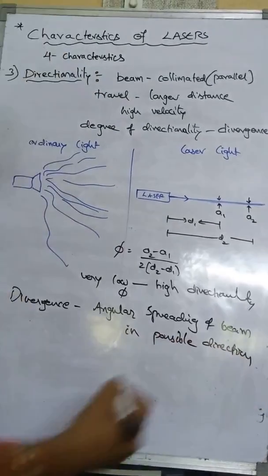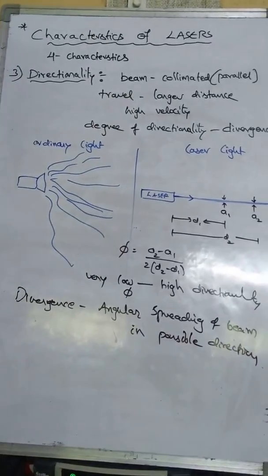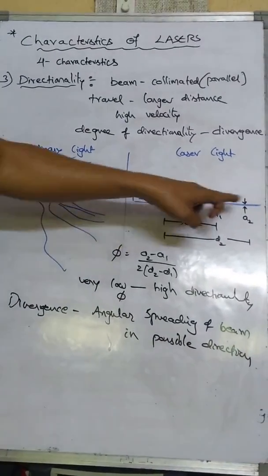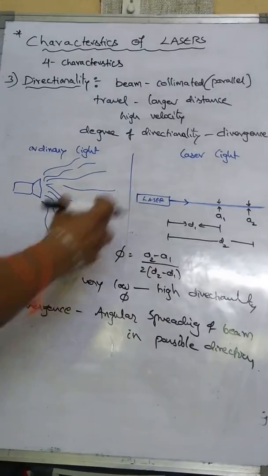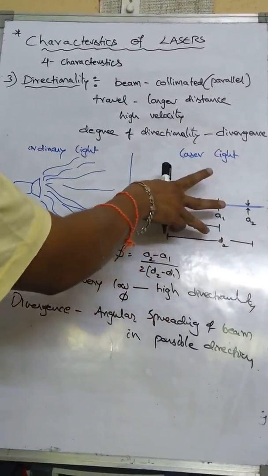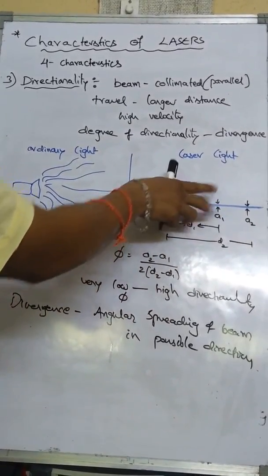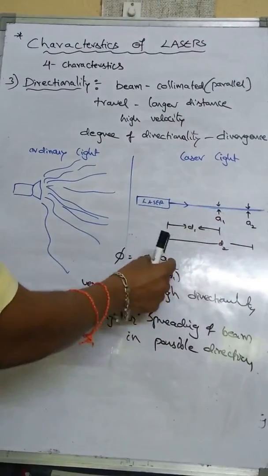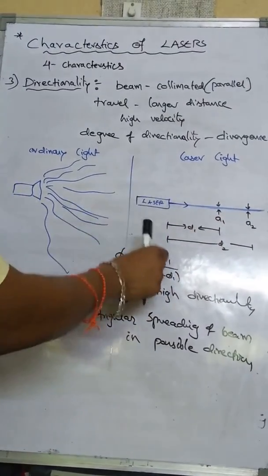If you look at the diagram, the laser is traveling to huge distances with a high velocity, so the spread of the beam will be very low, where the difference will be almost very low.